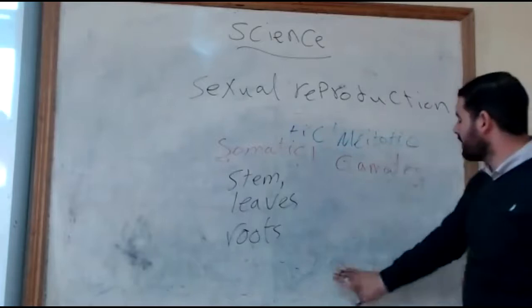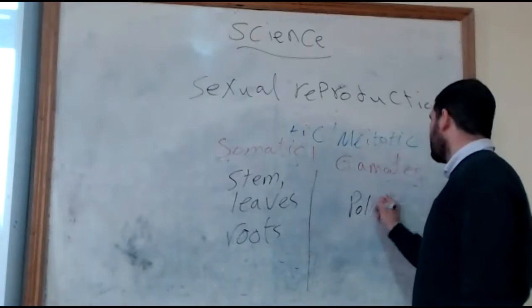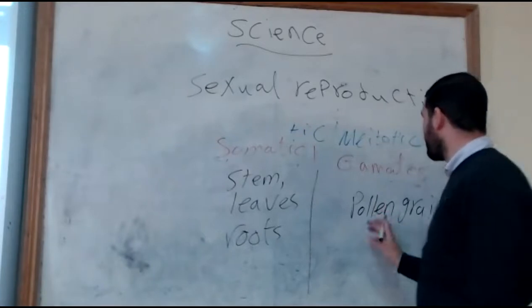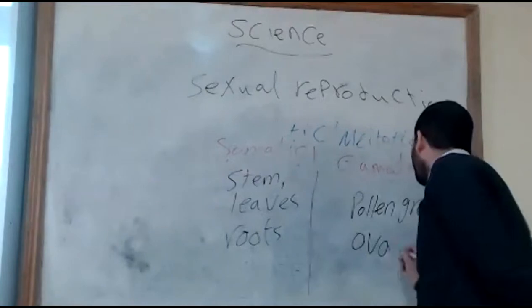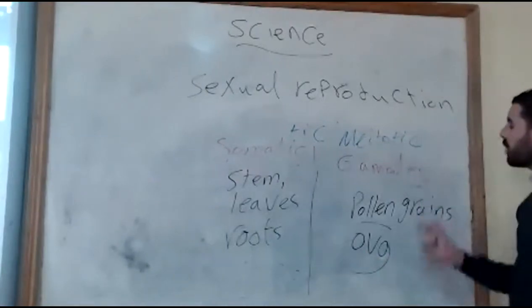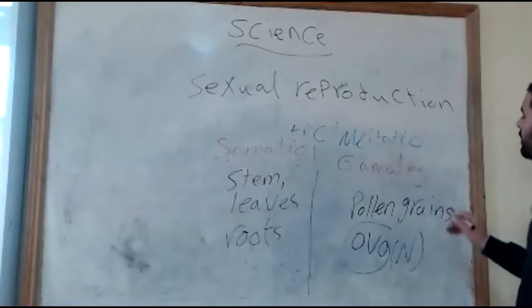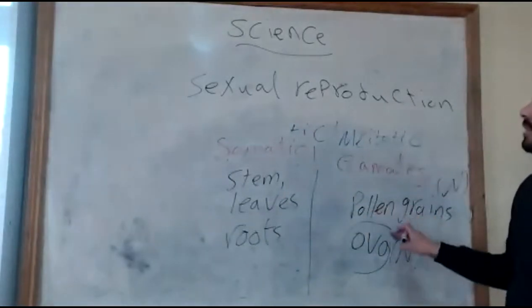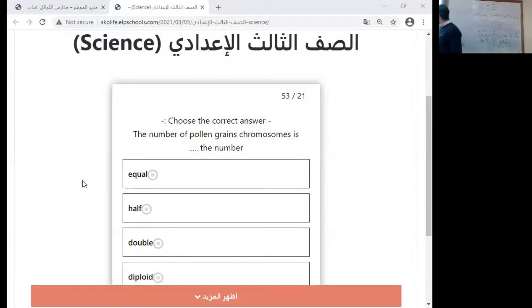While in the case of gamete cells, the male gametes are pollen grains, which are produced and stored in anthers, and ova are the female gametes. Each pollen grain and ovum contains a haploid number of chromosomes, or half the number of chromosomes that are found in somatic cells. So pollen grains contain the haploid, or half, number of chromosomes.